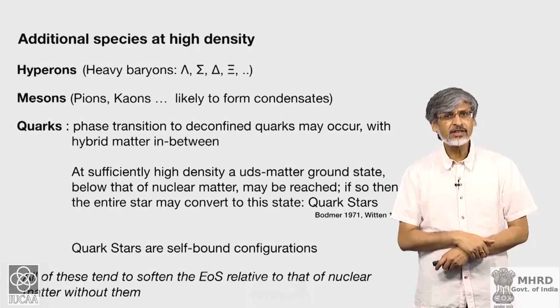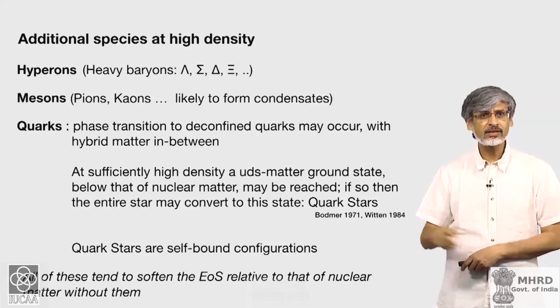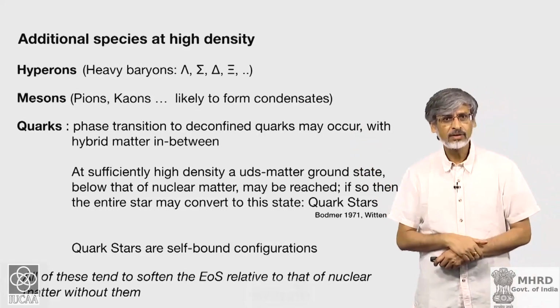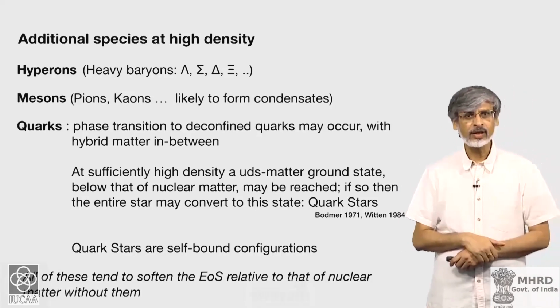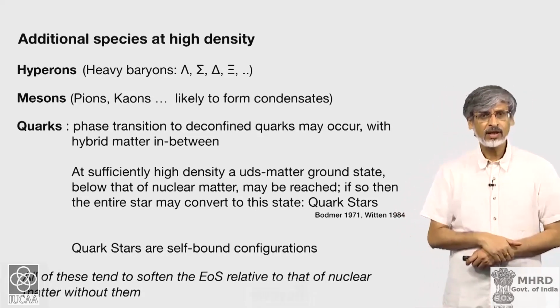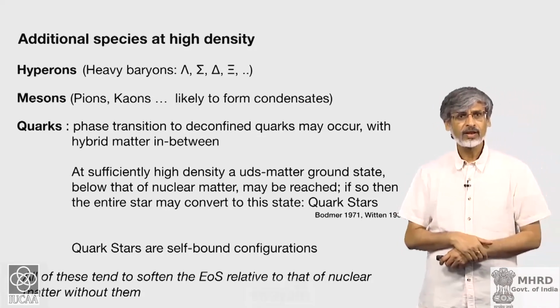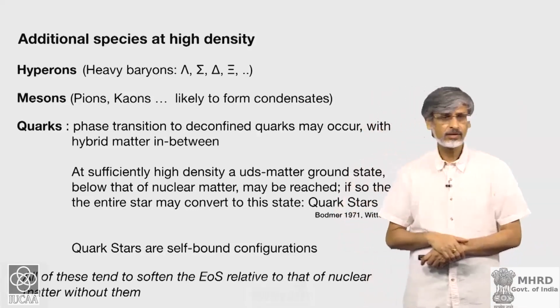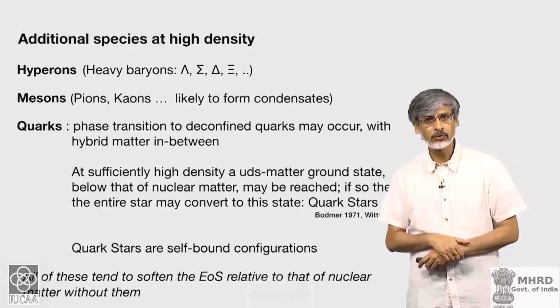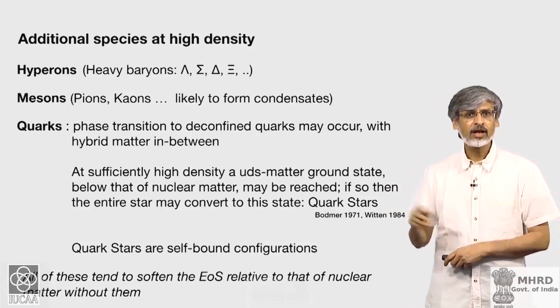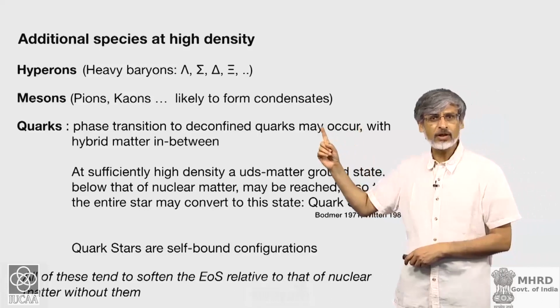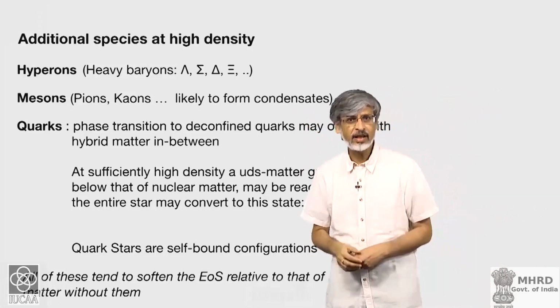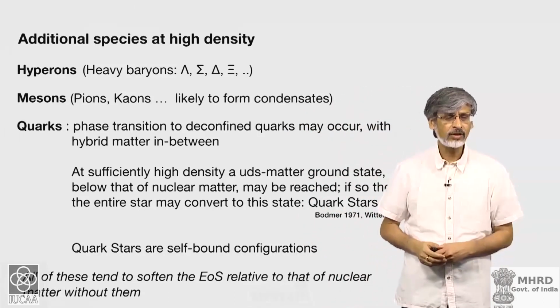So, the additional species that can appear at these high densities include hyperons, which are heavy baryons like lambda, sigma, delta, chi and so on. Mesons including pions, kaons, so that is both with and without strangeness, and once mesons appear at these high densities, they are likely to form condensates.